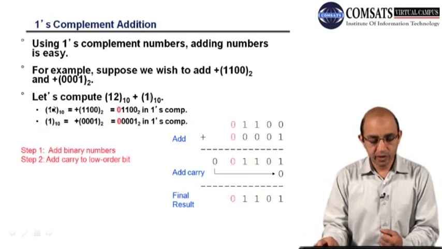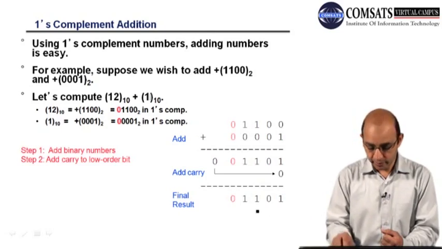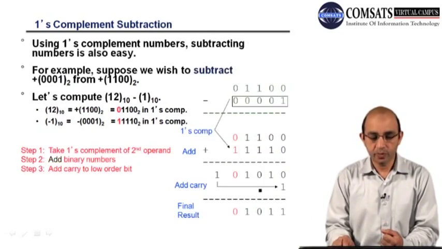So 12 plus 1 is 13 in decimal, but in binary we have 0 for the sign bit, and 1, 1, 1, so 1 plus 4 is 5, and plus 8 is 13. So this is the addition using 1's complement.